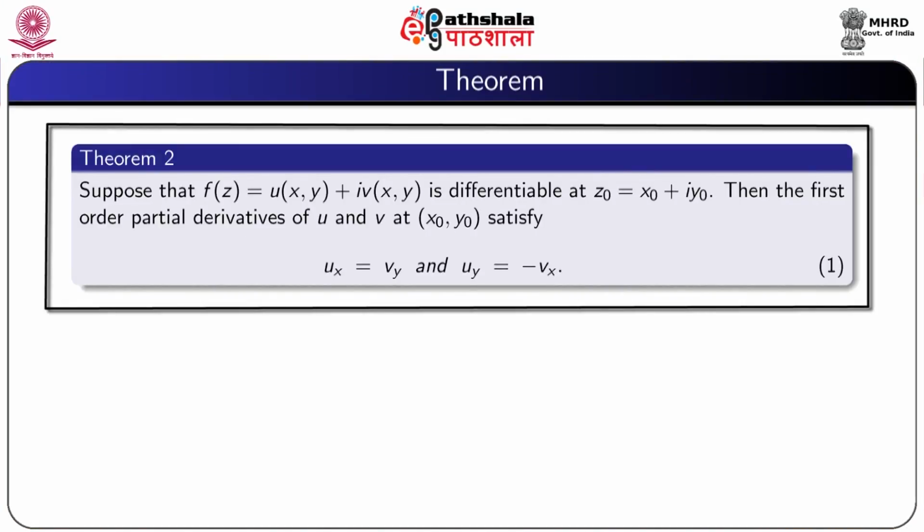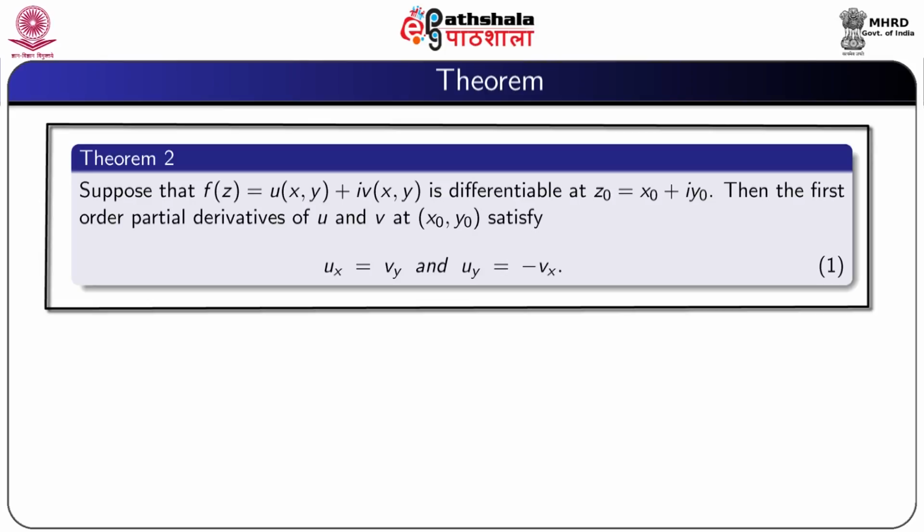So now we prove a result. Suppose that f(z) equal to u(x,y) plus i v(x,y) is differentiable at the point z0 equal to x0 plus i y0.